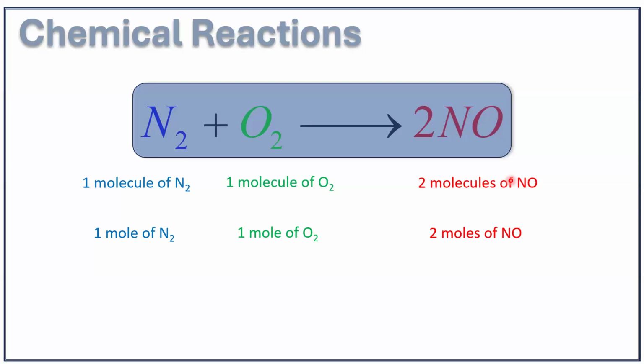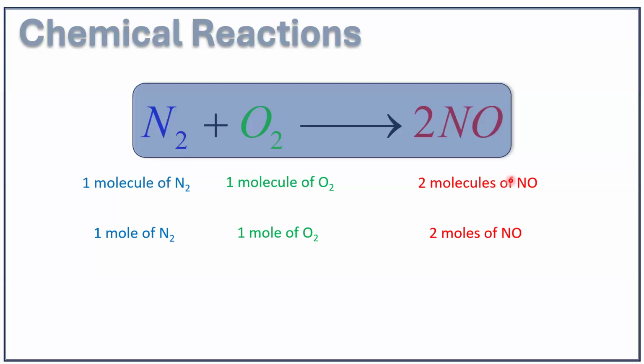So 14 plus 14, 28. 14 AMU is the atomic mass of nitrogen, and 28 is the molecular mass of N2. So if you want to calculate the mass of 1 mole of N2, its weight will be 28 grams.